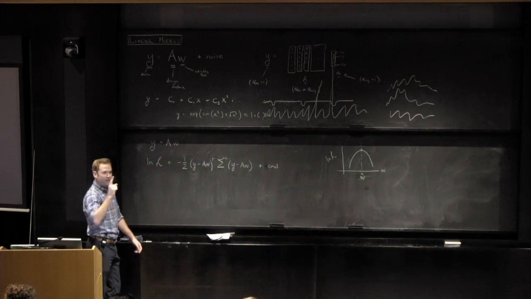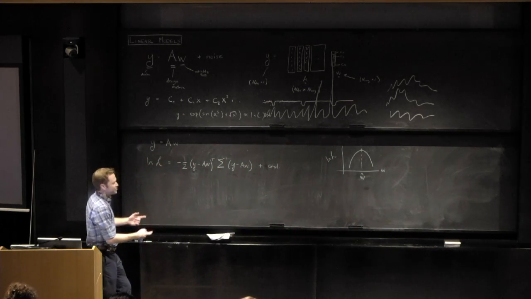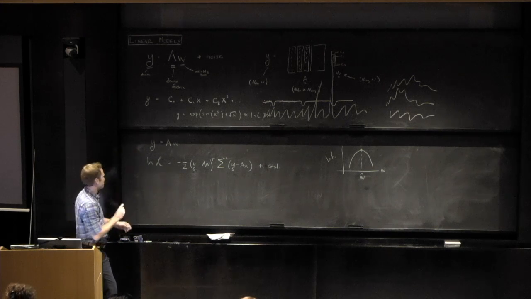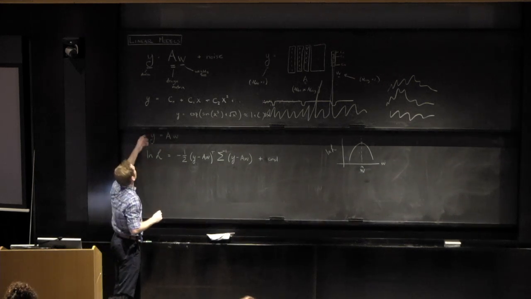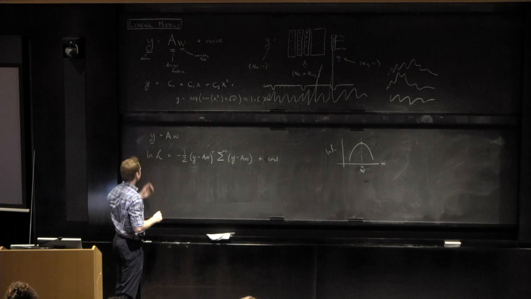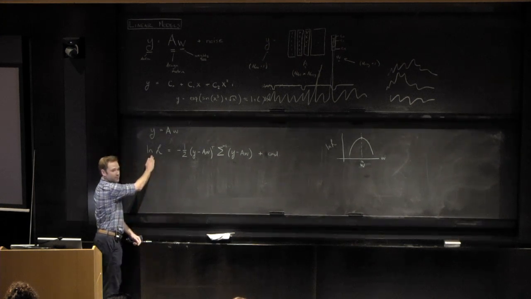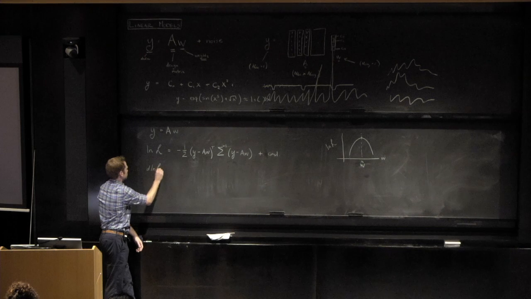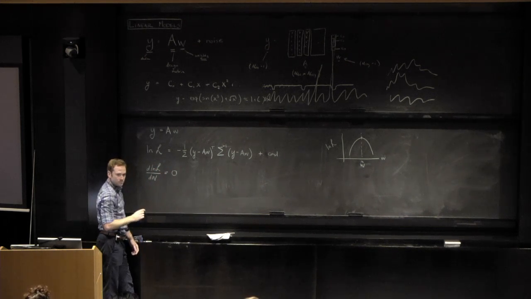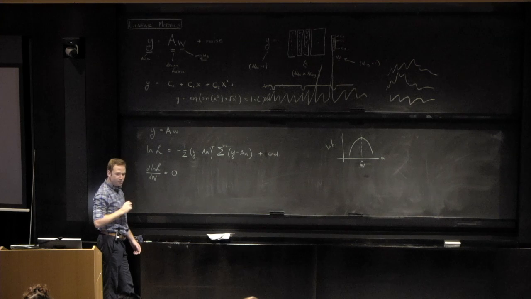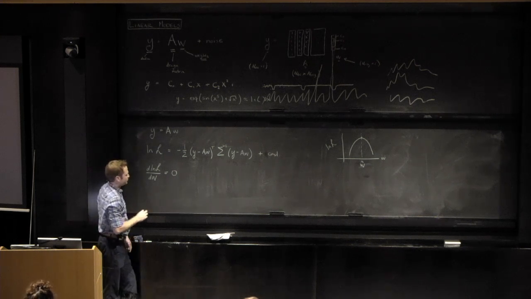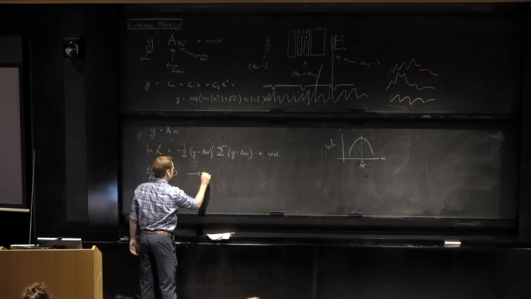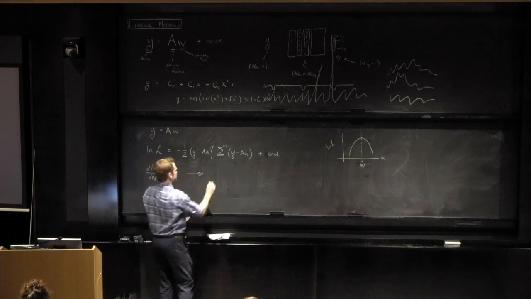Now, I only have 10 minutes, so I'm not going to do this derivation, but you can try it out on your own if you'd like. You'll have to trust me right now. But if I take the derivative of this with respect to W, set it equal to 0, and then solve for W, the answer that I get is the following.